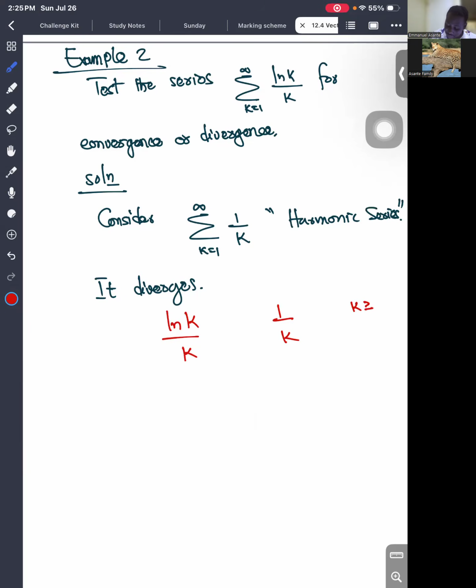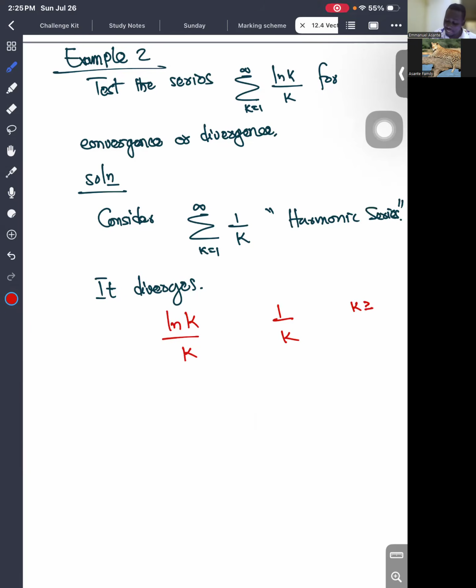So natural log of 1 is 0, that is less than 1. But as you take larger and larger k, you find that natural log of k becomes greater and greater than 1.